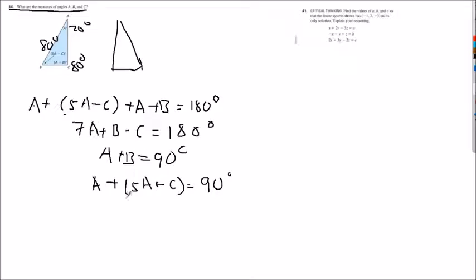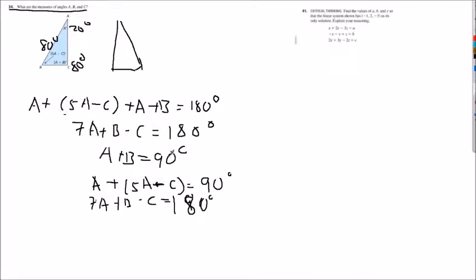And that's basically our three equations. So we have 7a plus b minus c equals 180, a plus b is equal to 90, and a plus 5a minus c is equal to 90.